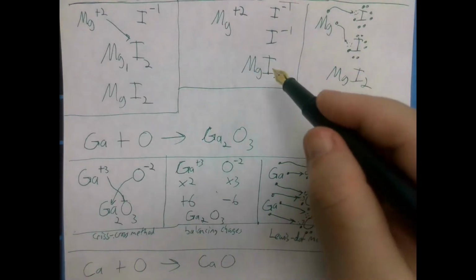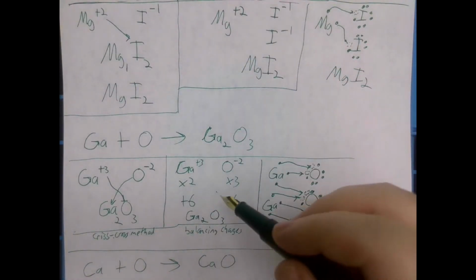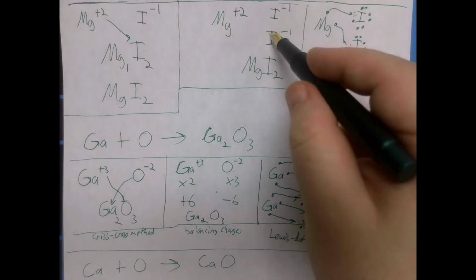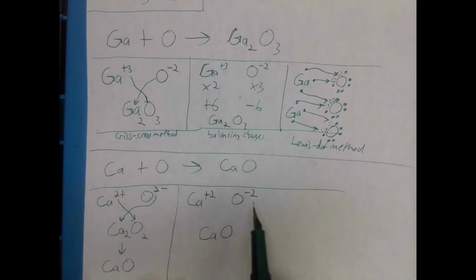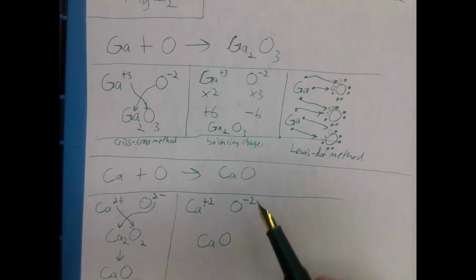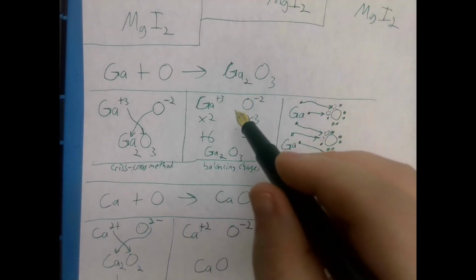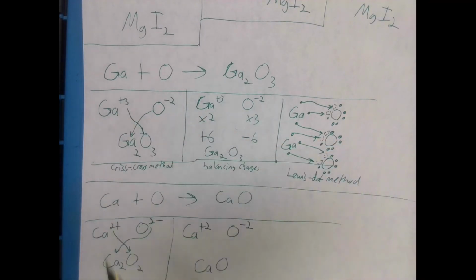So I usually start with the balancing charges method for this one and these two cases. If these are the same charges but opposite in sign, it's 1-to-1. It won't have any numbers on the bottom. However, if they have different charges, then I try doing crisscross.